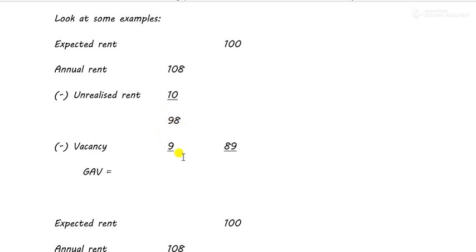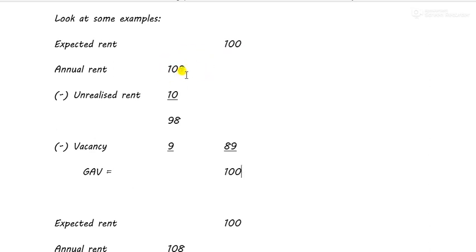So will we consider his vacancy? No. If he's a dishonest assessee, we won't consider his vacancy, and the gross annual value will be 100. Again, I'm explaining. Expected rent was 100, annual rent was 108 minus unrealized rent, 98. 98 will be compared with 100, not annual rent.